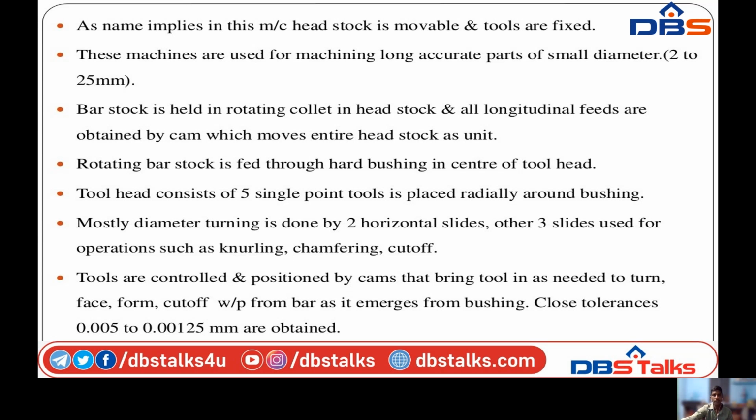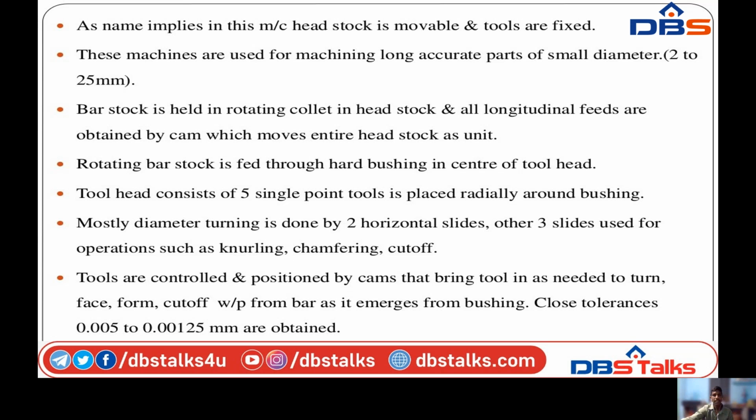That means here the principle is, in normal lathe, the headstock is movable and the tailstock is fixed. Here also it is the same, but compared to normal lathe machines, here the total headstock is movable.